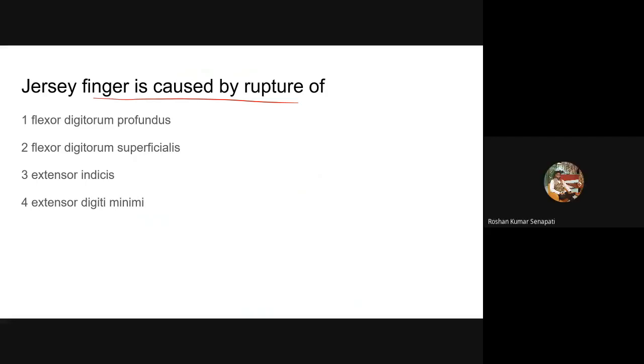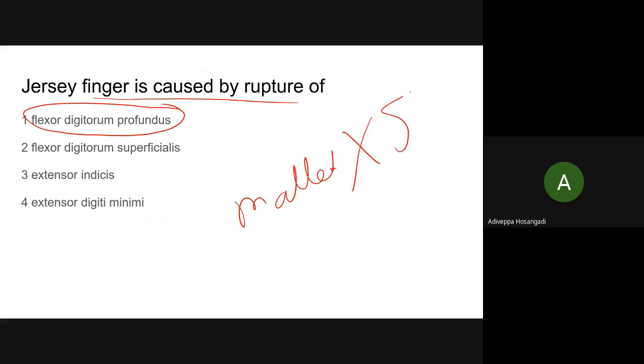So, traumatic rupture of flexor digitorum profundus. Yes. I hope you are not referring to Google there, sitting with the camera off. Okay, good. See, mallet finger is opposite to jersey finger.